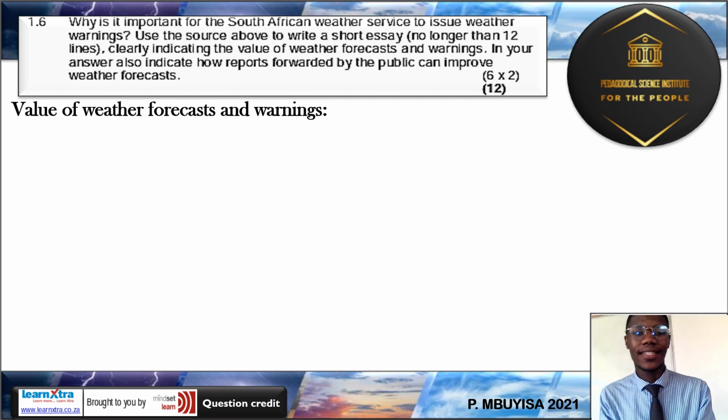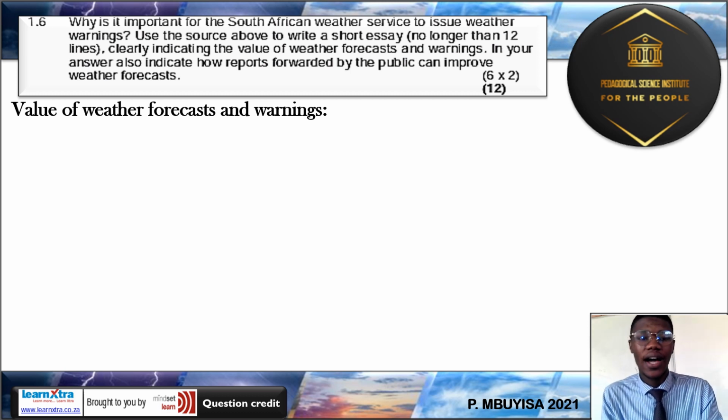Okay, 1.6. Why is it important for the South African Weather Service to issue warnings? Use the source above to write a short essay, no longer than 12 lines, clearly indicating the value of weather forecasting and warnings.